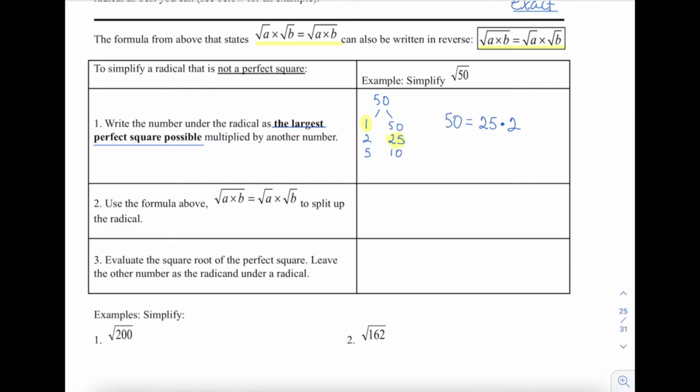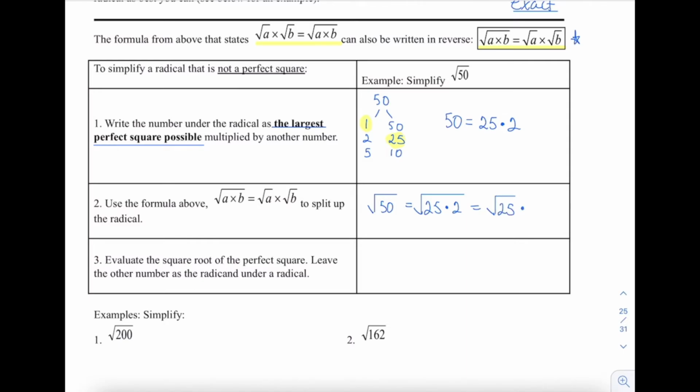Why am I doing this? Well, because I want to use this rule, this guy here, to help me split up the 50 into 2 radicals. So what I'm going to do is write root 50 actually as root 25 times 2. And now what I can do is split it up.